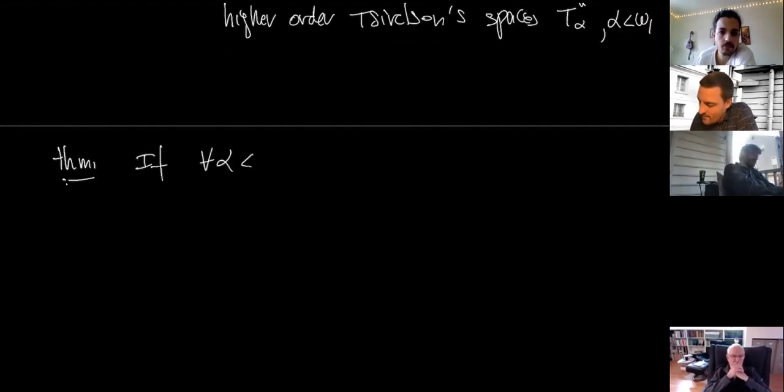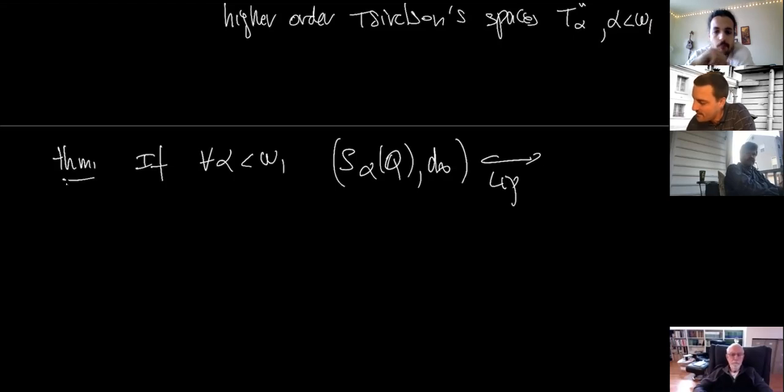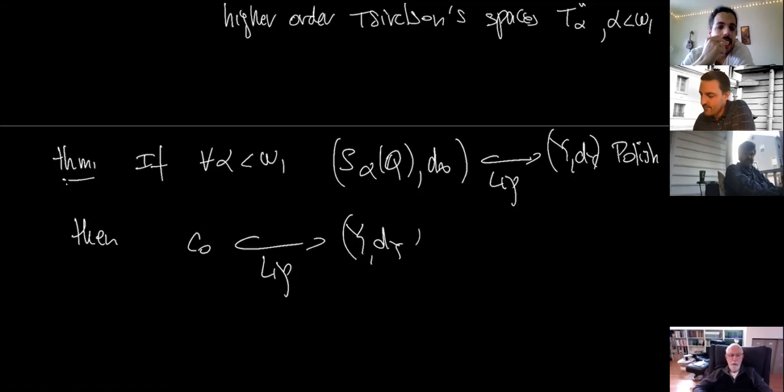If for every countable ordinal alpha I can embed certain metric spaces, S alpha of Q, which I will call Schreier metric spaces, into a metric space Y that is Polish, so it has to be separable, metrizable, and complete, then C0 Lipschitz embeds into Y.